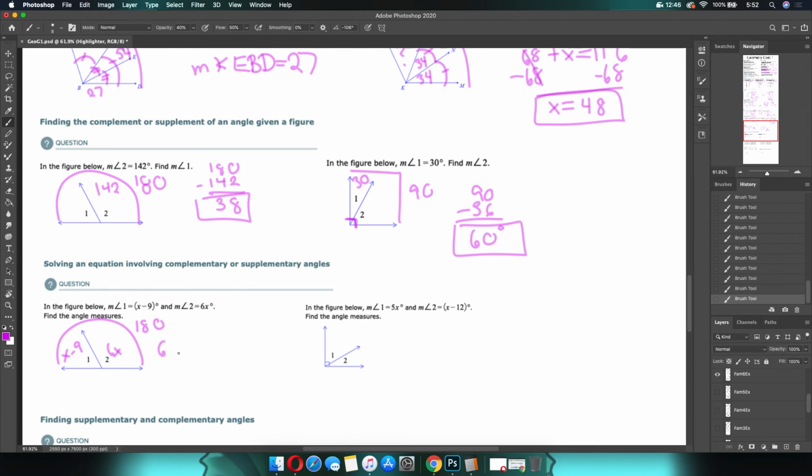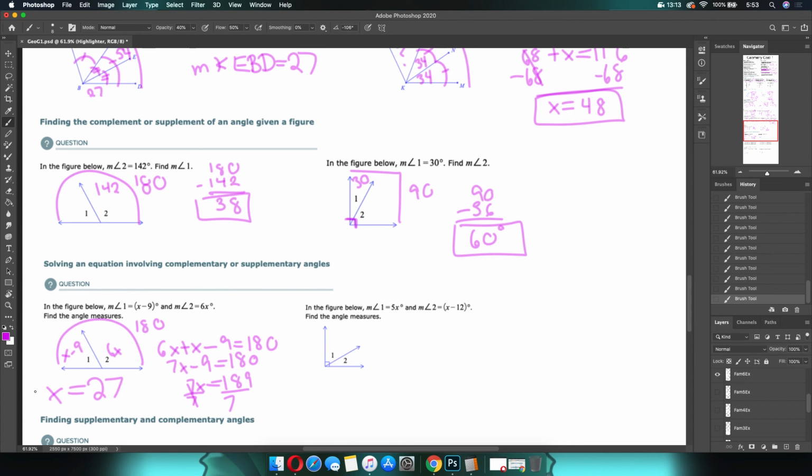This will be 6x plus x minus 9 equals 180. So that's going to be 7x minus 9 equals 180. So 7x equals 189. I'm starting to skip my steps, but what I did is plus 9, divide by 7, divide by 7. X equals 27. And is that what they're looking for?